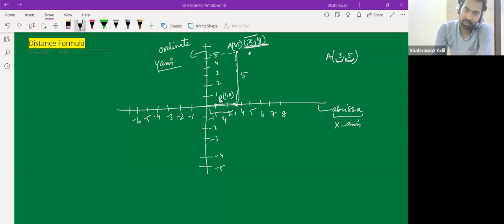Let's say this is point P, and this is point Q, which would be (7, 0). If I want to calculate the distance from P to Q, how much would this be?